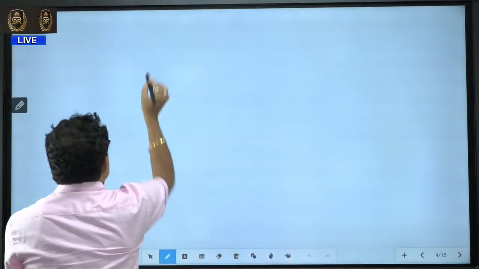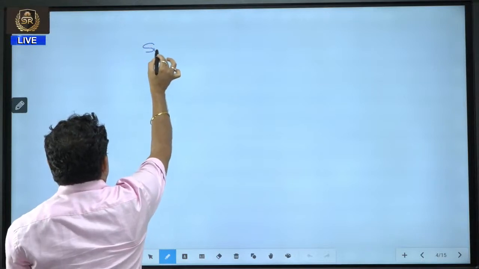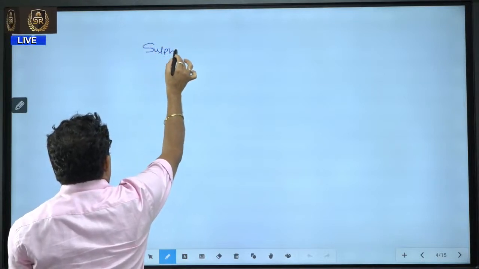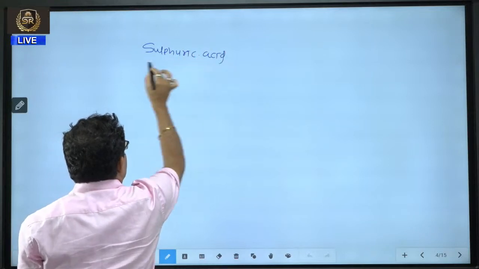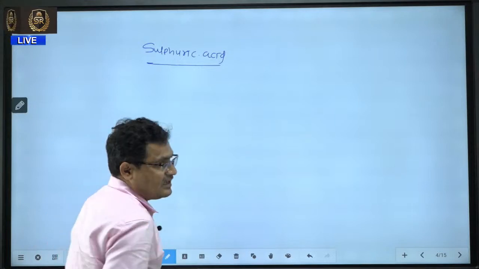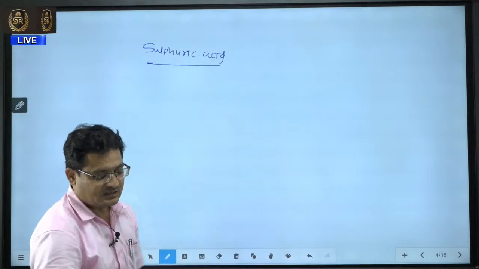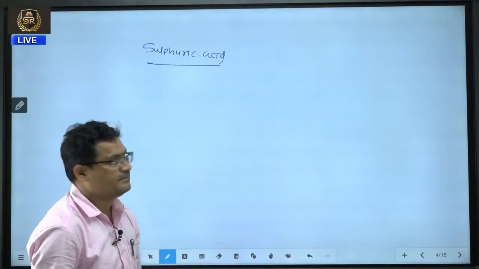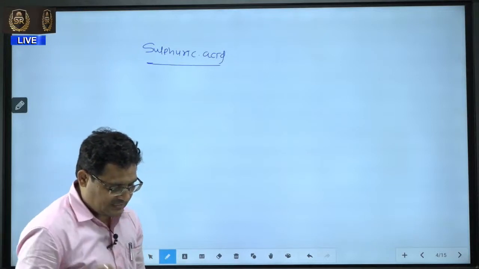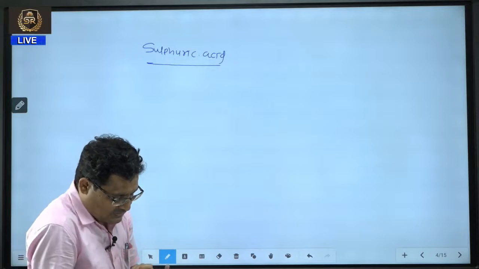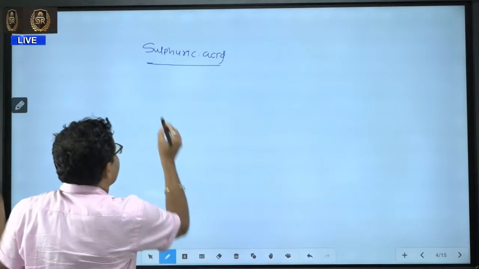These sulfuric acid series are basically 3 type. That is sulfuric acid, thiosulfuric acid, and pyrosulfuric acid.